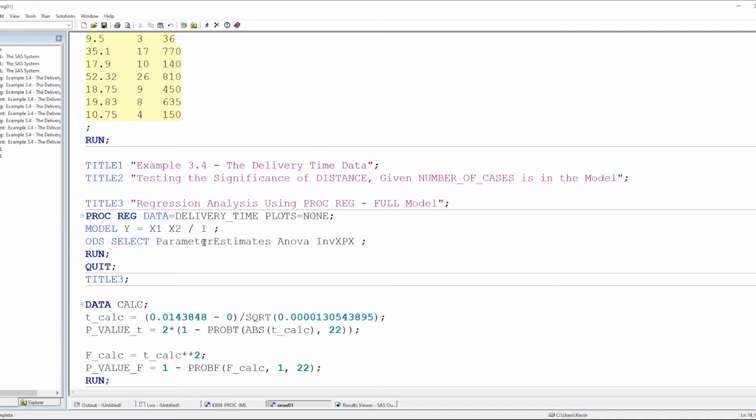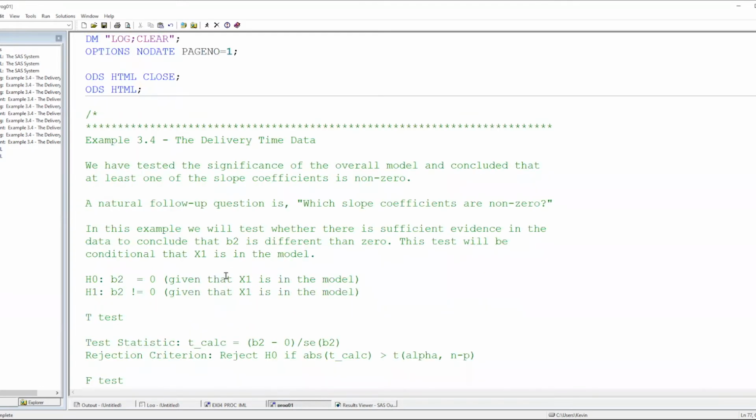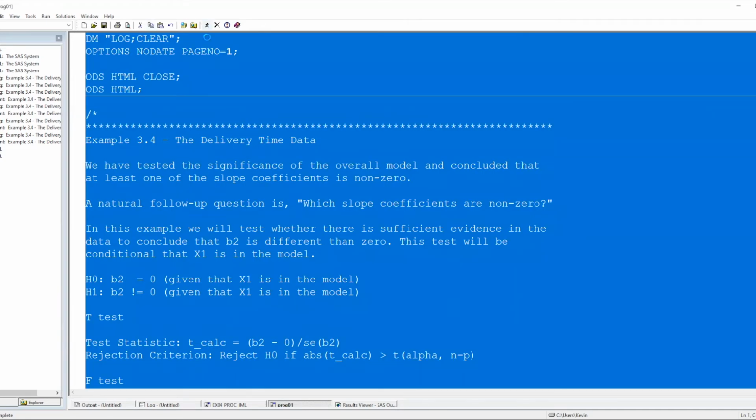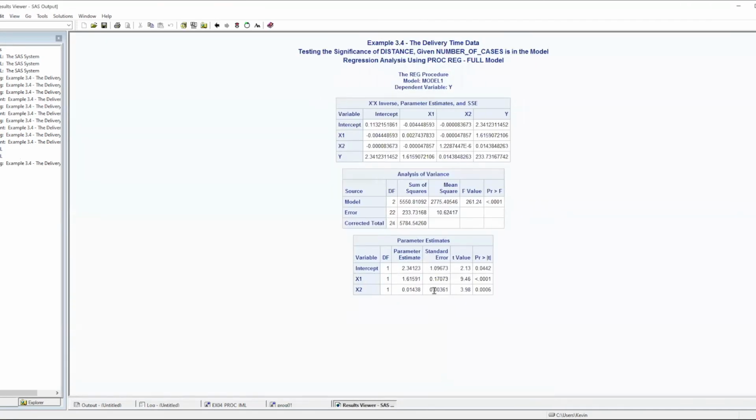To do this analysis, I need the parameter estimates, I need the values in the ANOVA table, and I do need that inverse X prime X matrix printed out, so I'm going to print that out as well. Now, let me go ahead and run that section of the code.